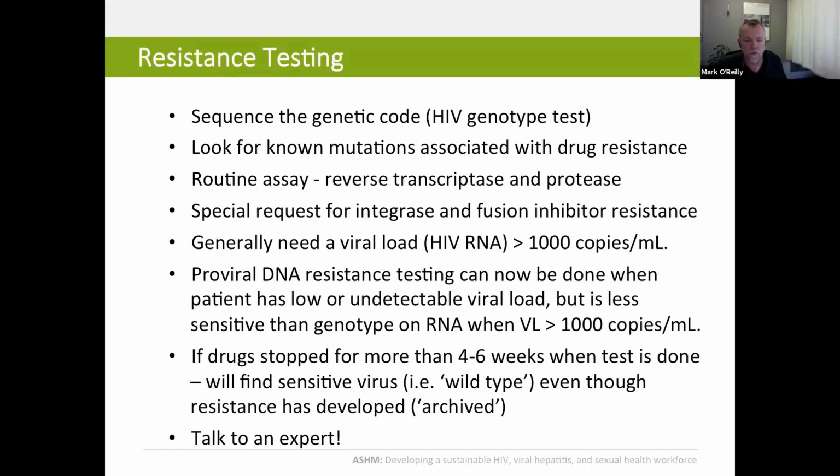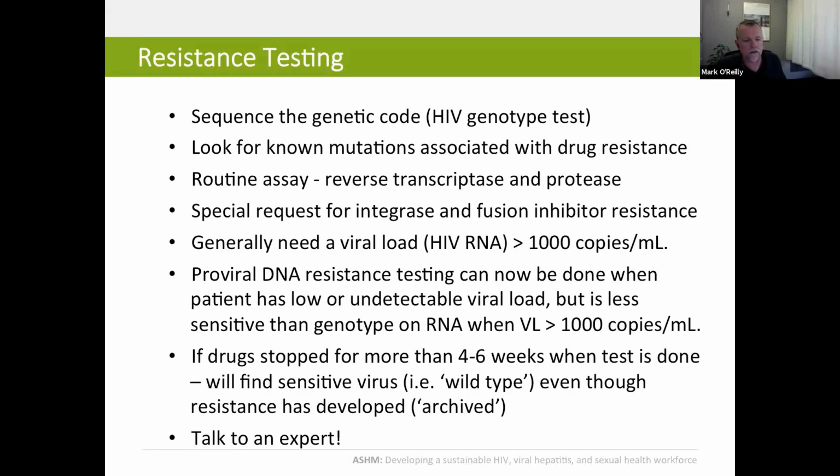When we perform a resistance genotype on RNA, and the viral load is greater than 1,000 copies per mil, that is far more sensitive at detecting resistance mutations than performing proviral resistance testing. So there are limited clinical scenarios where you might organise a proviral DNA resistance test, and that's one where you might discuss it with your reference laboratory or an experienced colleague.